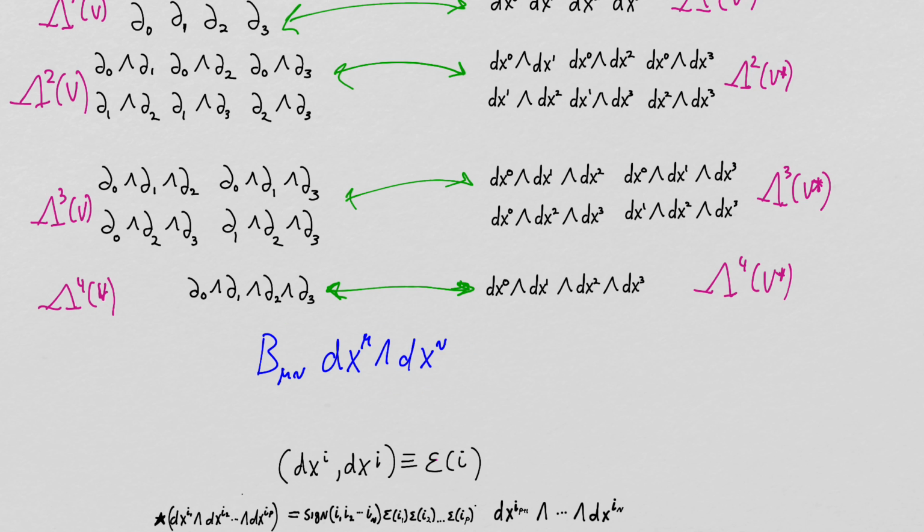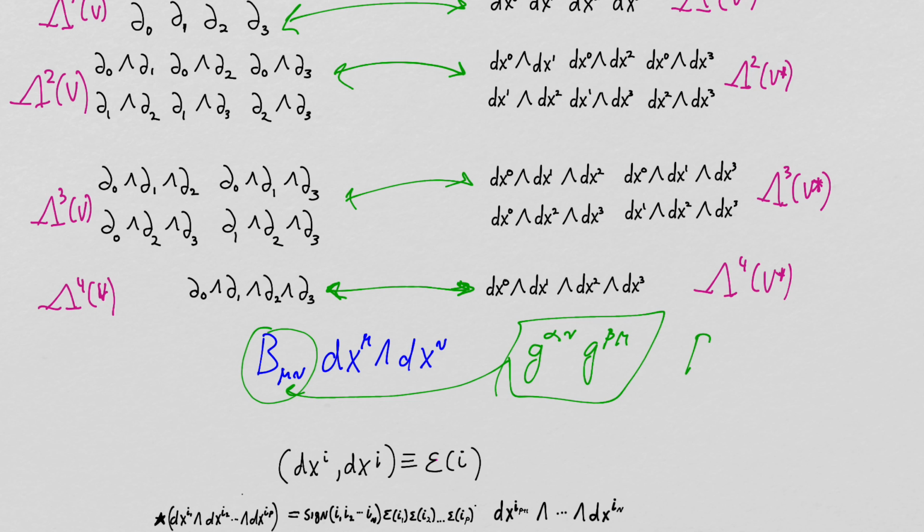So given that we want to move to this vector space, well, we need to actually raise the indices on it, and we use G alpha nu and G beta mu, and we can now create, by multiplying this coefficient through by these two metrics, we raise the indices to B alpha beta, and likewise this basis vector is going to have to change to partial mu wedge partial nu, like that.